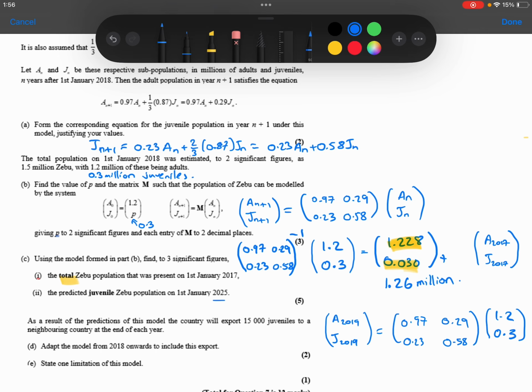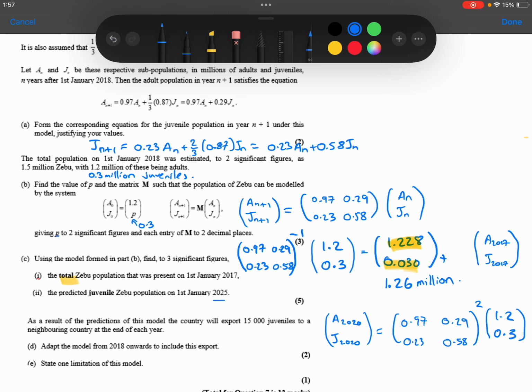But if I took my result from 2019 and multiplied that by the matrix again, that would tell me what it would be in 2020. Or quicker, rather than doing it in two goes, I could just multiply the 2018 values by my matrix squared.